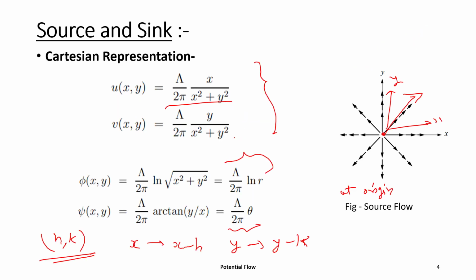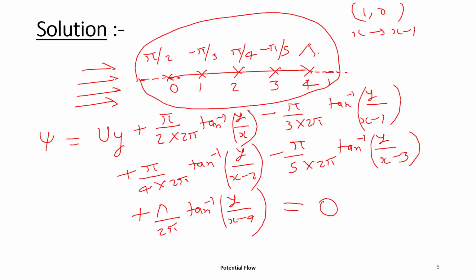So whatever this streamline encircles, it means that there is at least one stagnation point, and this stagnation streamline will have psi equal to 0. So this will pass through the y equal to 0 line. There will be 2 points where y will be 0.